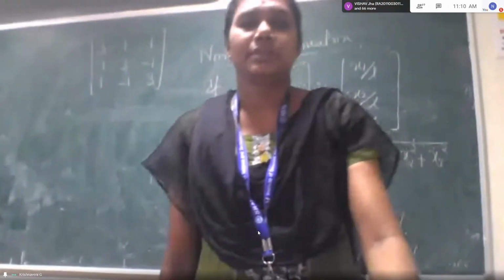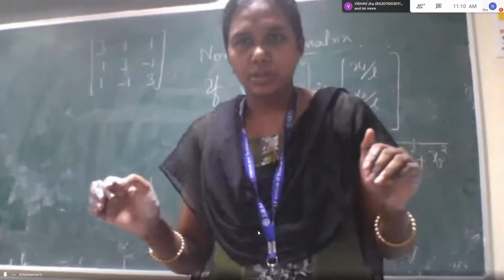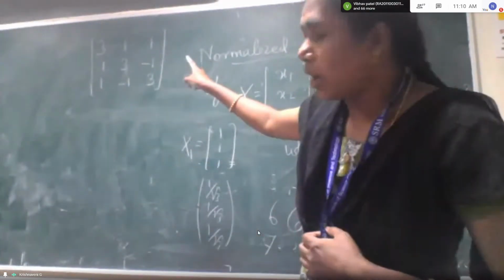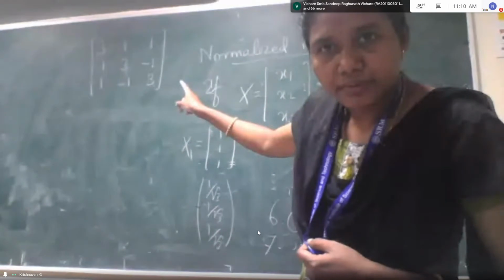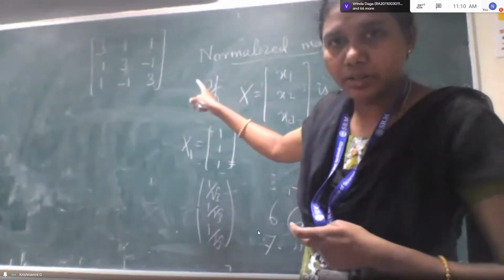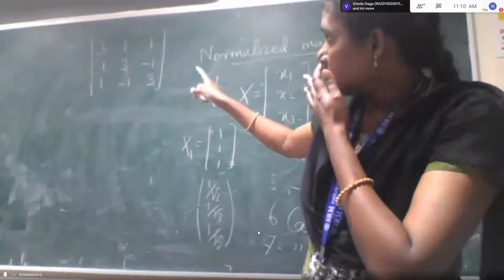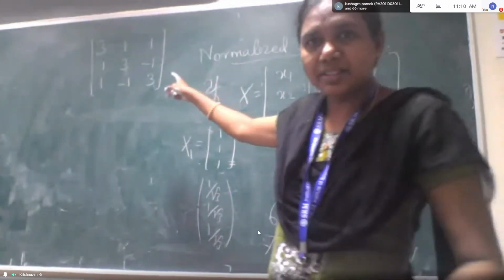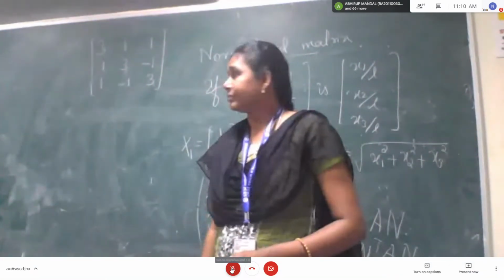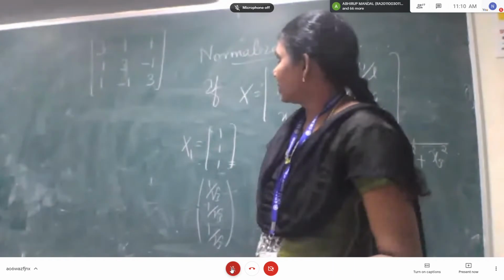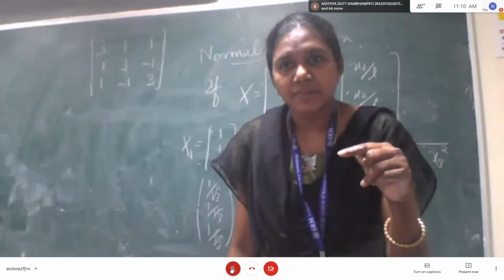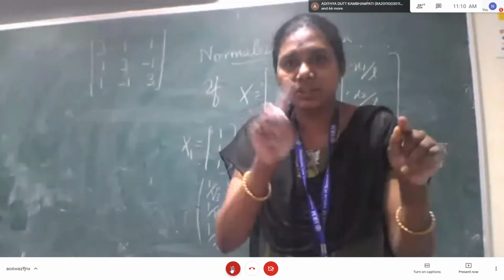Ma'am, can you repeat the question again? Diagonalize the matrix. Yes, 3, 1, 1. Minus 1, 3, 1, minus 1. See, this is not visible. No, ma'am, on my side it's blur. Okay, first row 3, 1, 1.